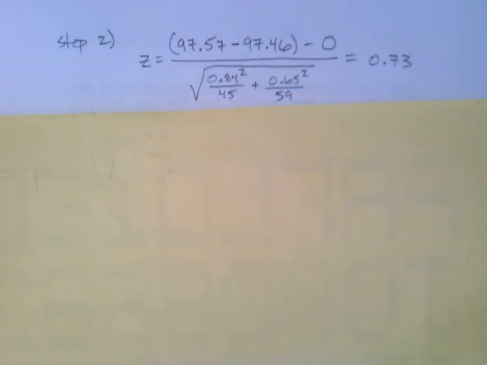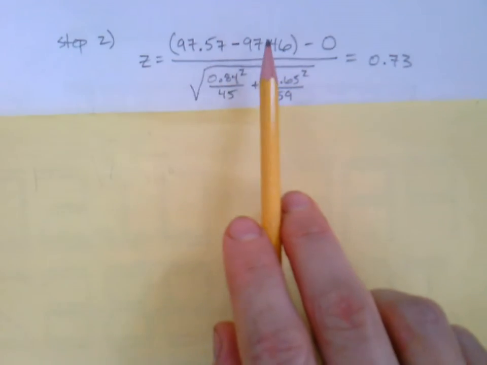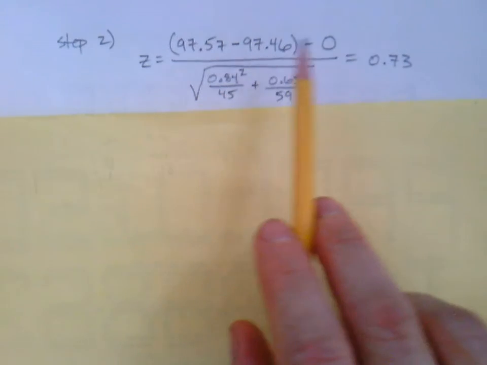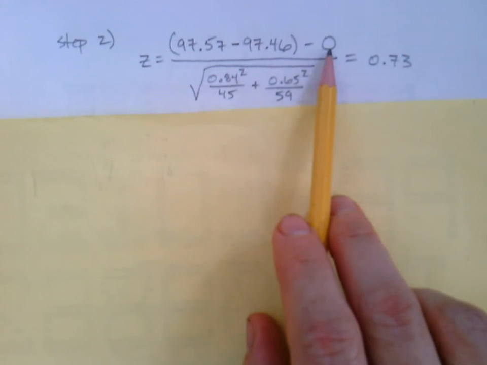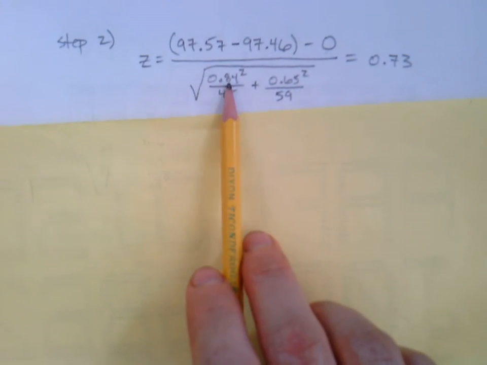So we don't even have to decide that. We'll take the average men minus the average woman. Now what's cool, this is always going to be 0 in a 2-sample test, because that's the difference between them, mu1 minus mu2. We assume it to be 0. Then they give us the sigmas, right? 0.84.